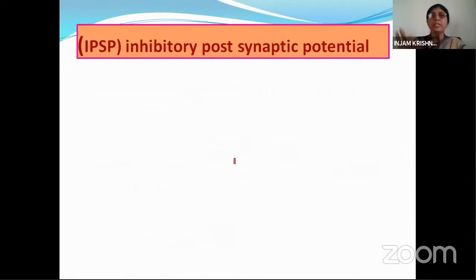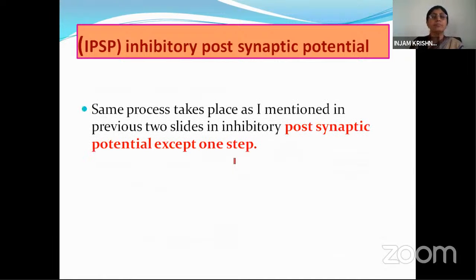That results in inhibitory post-synaptic potential. Sometimes it is not able to generate an action potential. The factors may be the neurotransmitter or some ion channels that are not able to open. Because of these two factors, the action potential is not generated. At that time, we call it inhibitory post-synaptic potential.